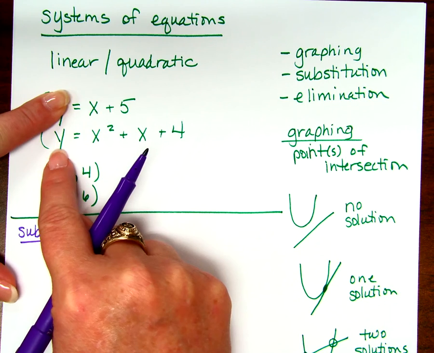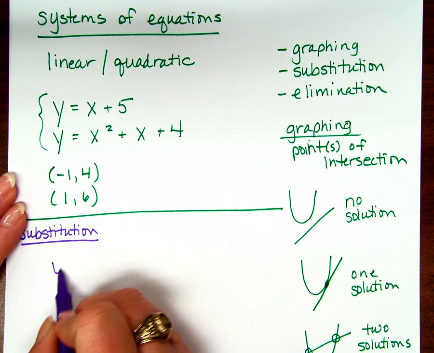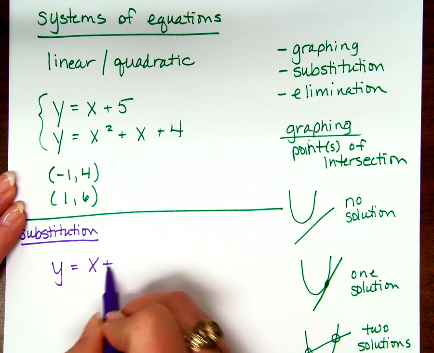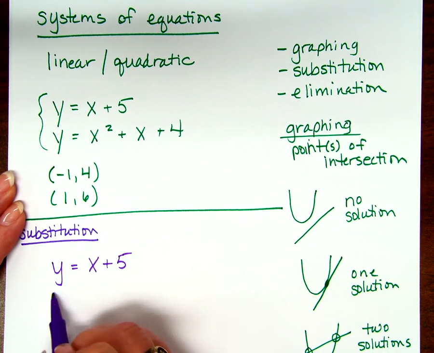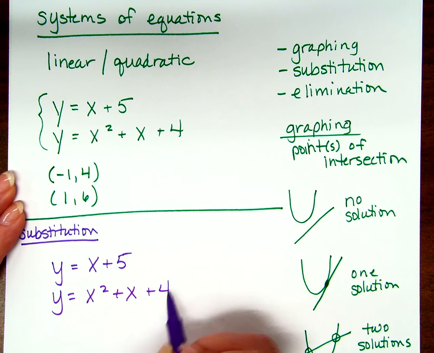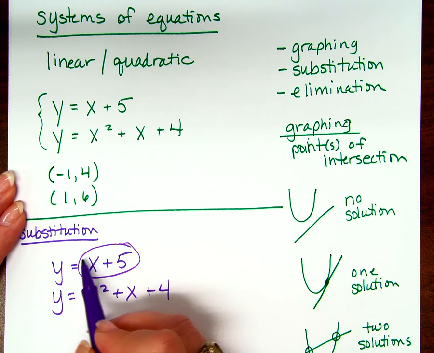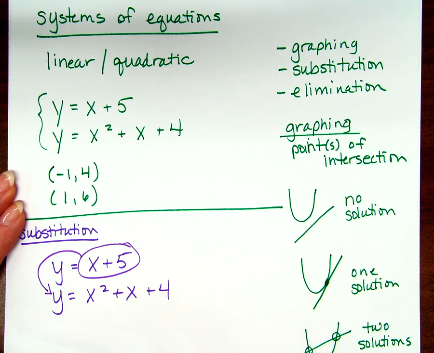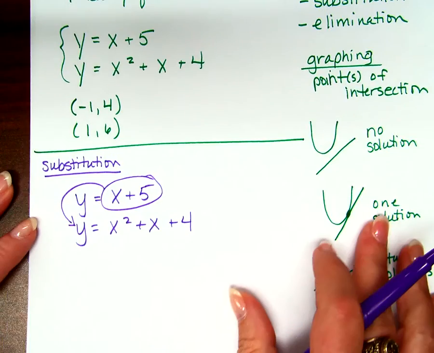Substitute it in for y, right? I'm going to draw that out for you. If I know that y equals x plus 5, I want to take x plus 5 and put it right there. Substitute it into the other equation.